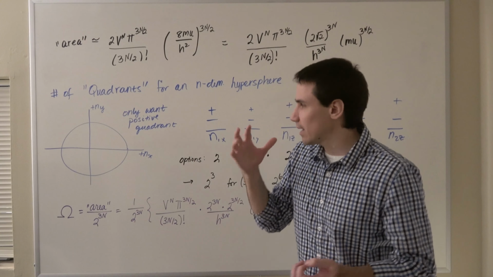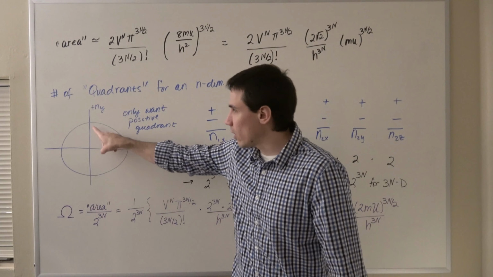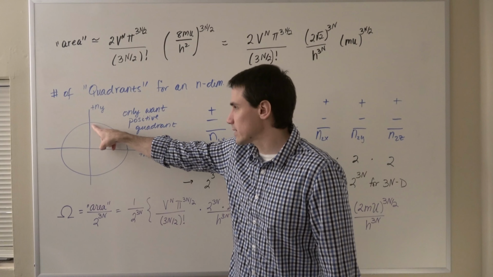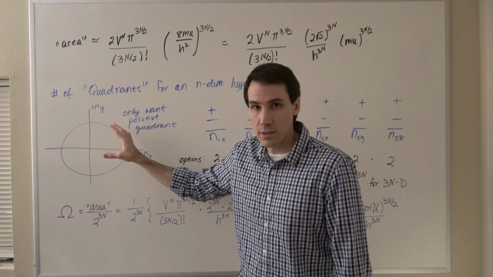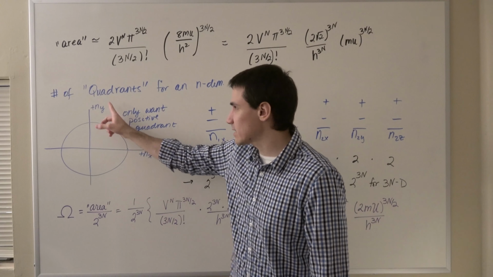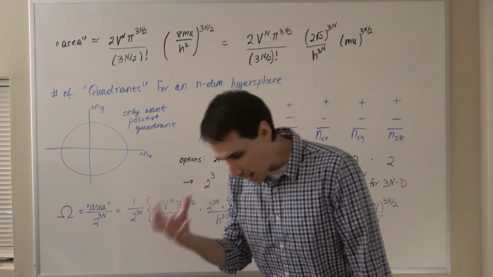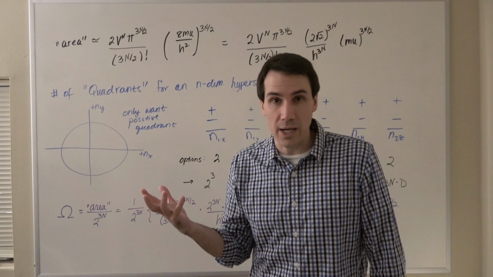So the analogy to this is that when we thought about just 2 dimensions, we only thought about the length of our circle in the positive quadrant here, because we require that our nx values and our ny values be positive, right? These are energy quantum numbers, and they are only positive.